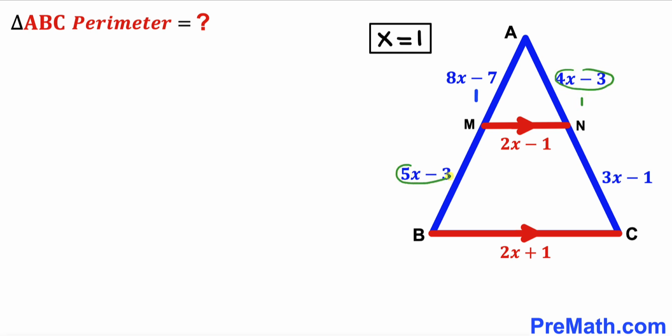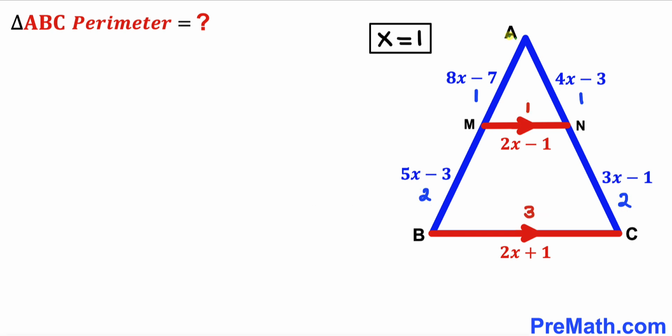Here, if we substitute x, that gives us 2. Likewise, this gives us 2 as well. This one gives us 3, and if we substitute x here, that gives us 1. So our segment lengths turn out to be 1, 1, 2, 2, 3, and 1.